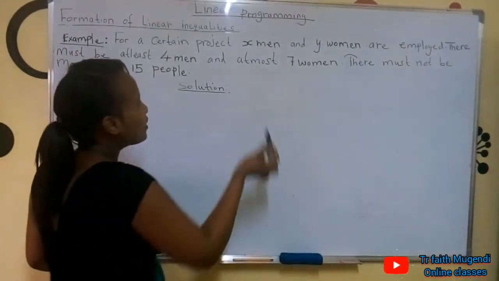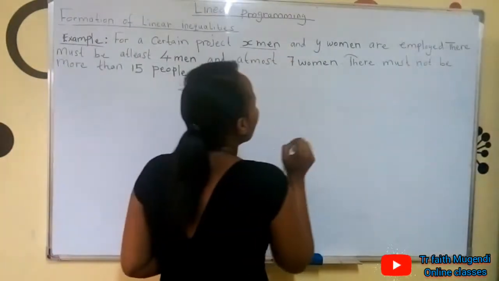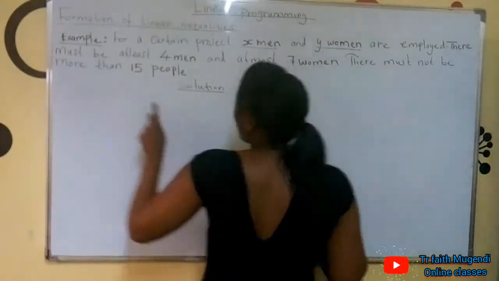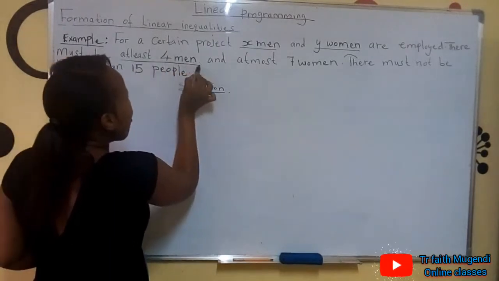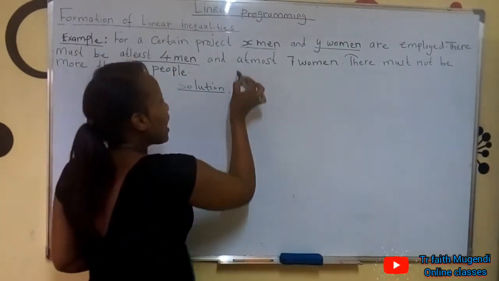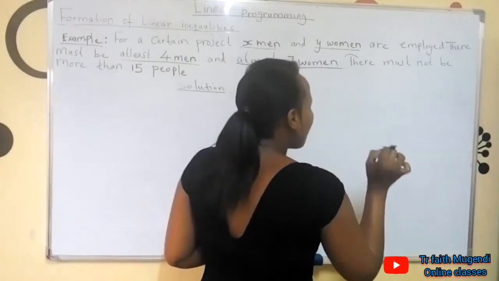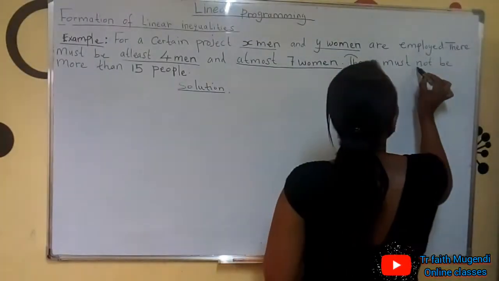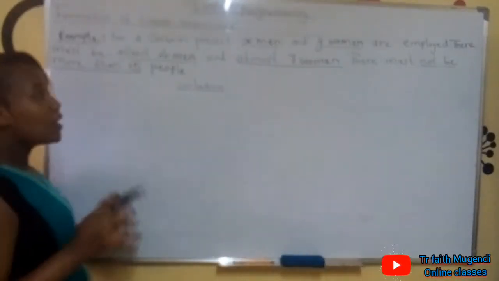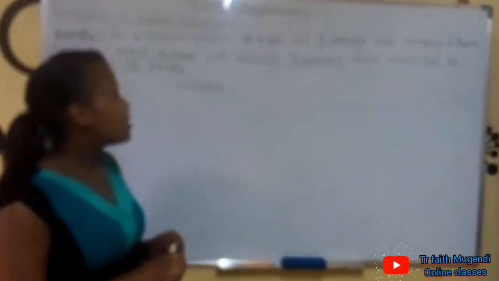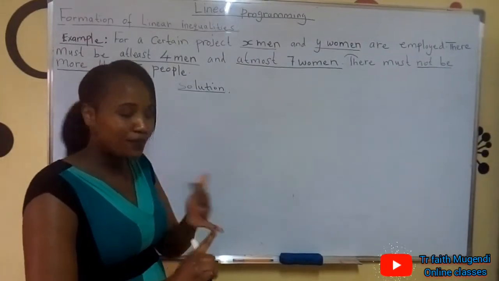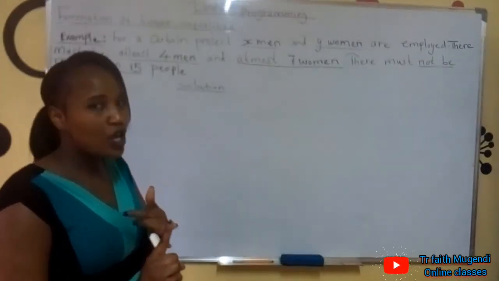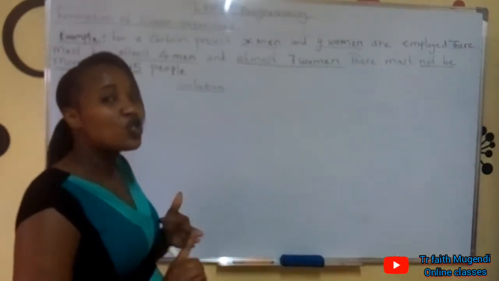We need to understand we are talking about X men and Y women, and the information given is that there must be at least 4 men and at most 7 women, and there must not be more than 15 people. Remember those statements we are aware of? When you talk of at least, it means greater than or equal to, and also not less than.